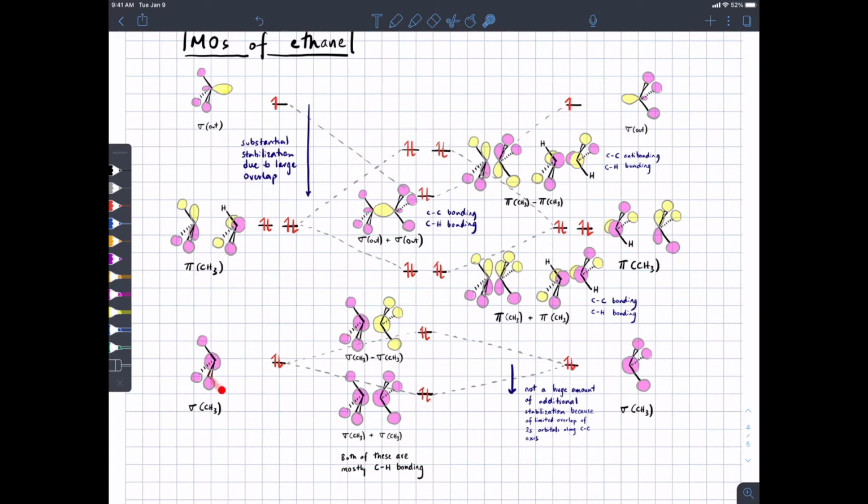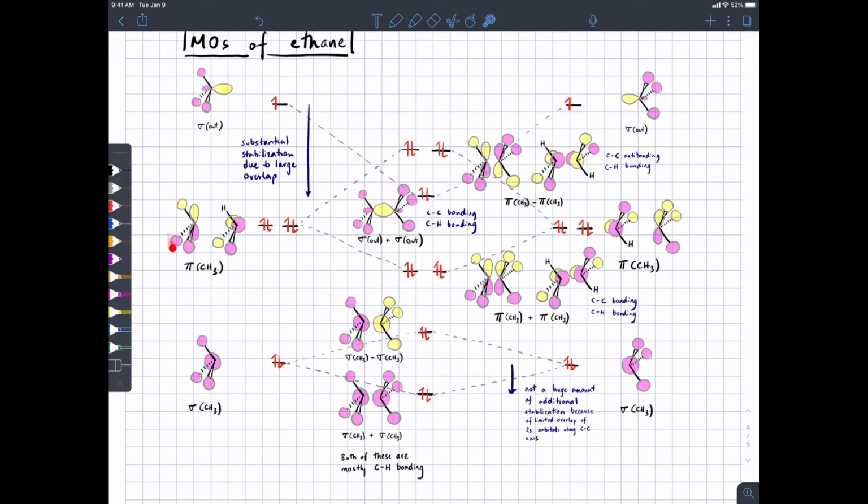Starting low, if you mix the two sigma CH3s, you get a bonding one, and the out-of-phase interaction, the minus combination. This is still a bonding orbital because you've got in-phase overlap between carbons and hydrogens, though we would say it's maybe carbon-carbon anti-bonding. Now, mixing the two pi CH3s together, these are the plus combinations.